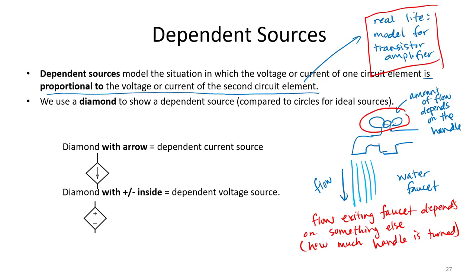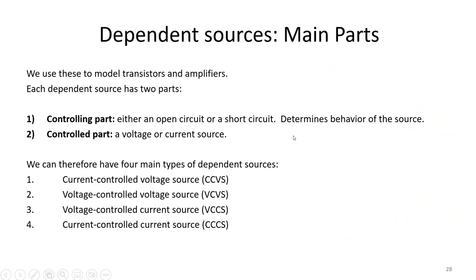So for now, what you need to know about dependent sources is first that we use a diamond as the symbol. So notice a dependent current source is a diamond with an arrow, and a diamond with plus minus is a dependent voltage source. A couple more things to know about dependent sources. There's always going to be two parts to a dependent source.